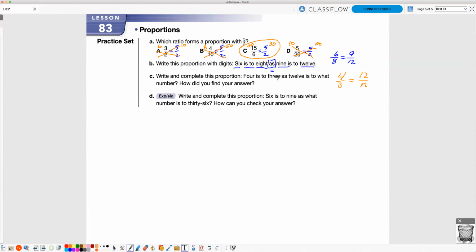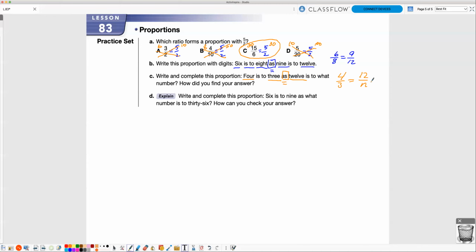It could be any letter in the alphabet really that you want. And I'm going in that order. 4 is to 3, so it has to be the 4 in the numerator and the 3 in the denominator, and that's a ratio. 4 is to 3 as, and this means equals, 12. So 12 is on the top, and then what number? That means a number we don't know.